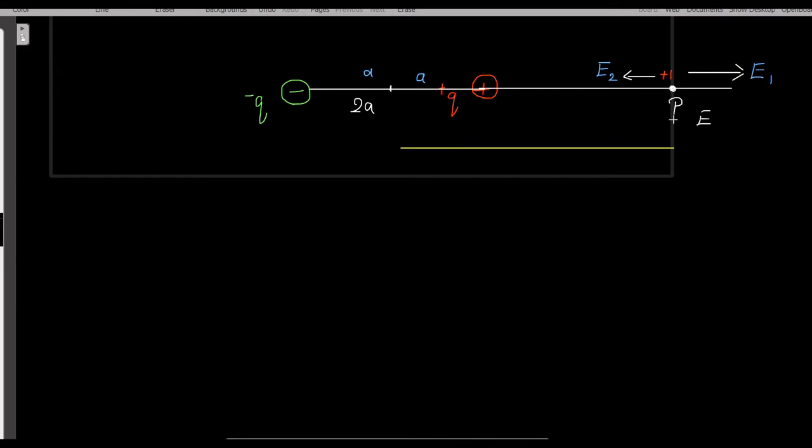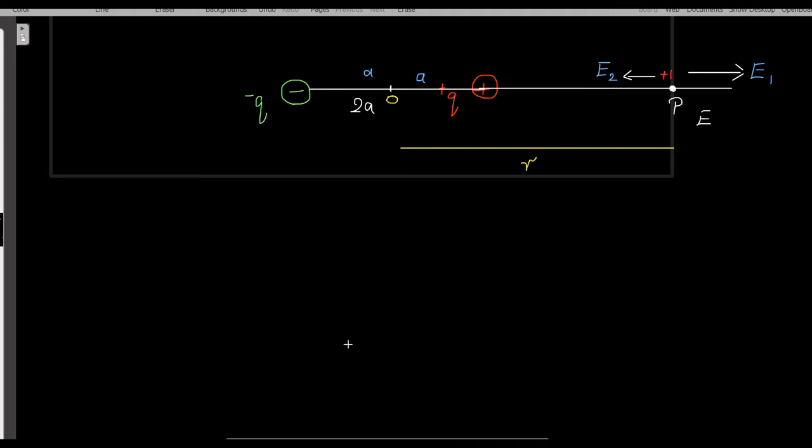This is the point P and this is the center, and between them there is a distance r. Once again you see, minus q plus q is the assembly of the dipole. At point P we are going to calculate the electric field. Point P is at a distance r from the center of the dipole. 2a is the length of the dipole, and this point O represents the center of the dipole.